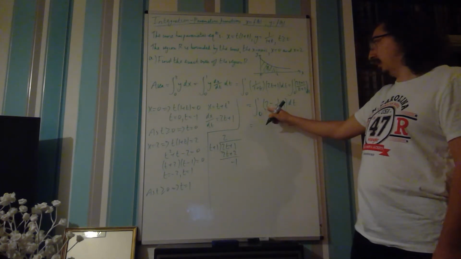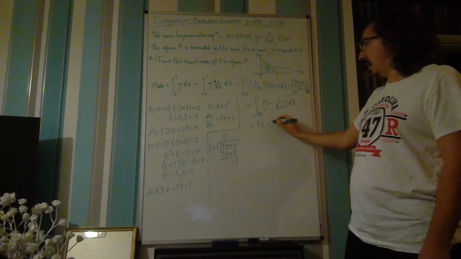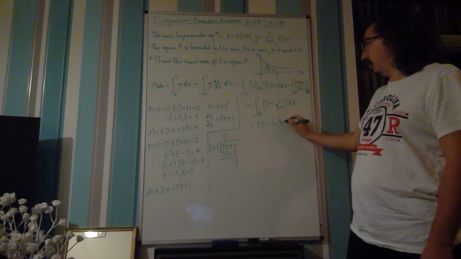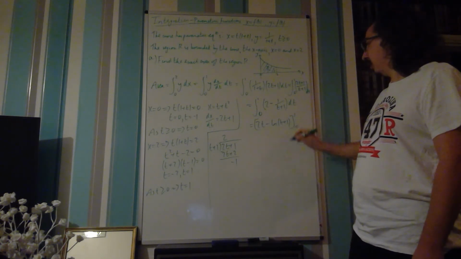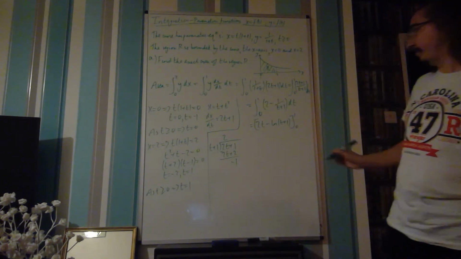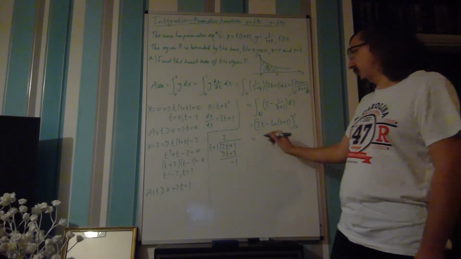So we can do this integration now, which gets us 2t minus the natural logarithm of (t plus 1) between 0 and 1. We can substitute in our upper limit first.